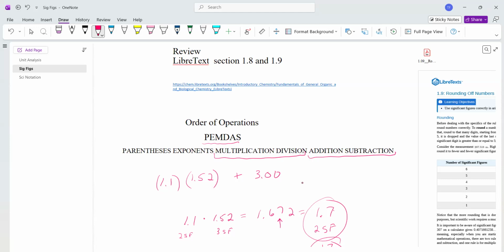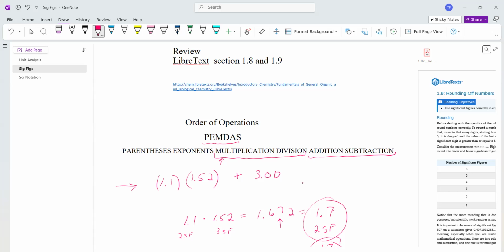Now let's take an example. 1.1 times 1.52 plus, excuse me, plus 3.00. Okay, so we go in the order of PEMDAS. This is multiplication, so it falls right here. We have no parentheses. Someone have a question?